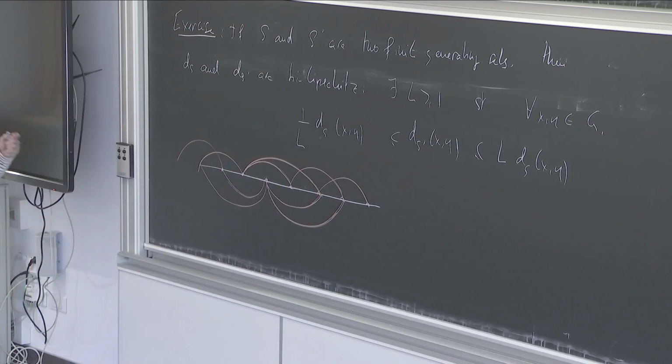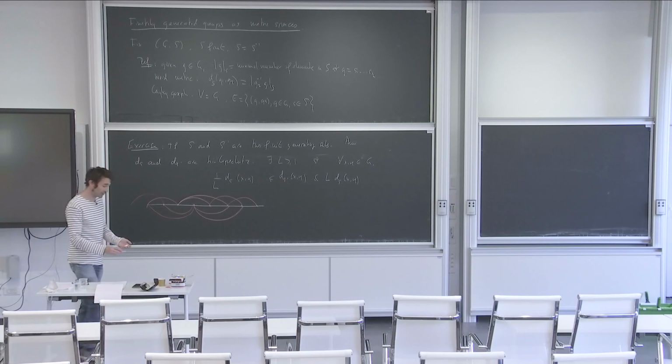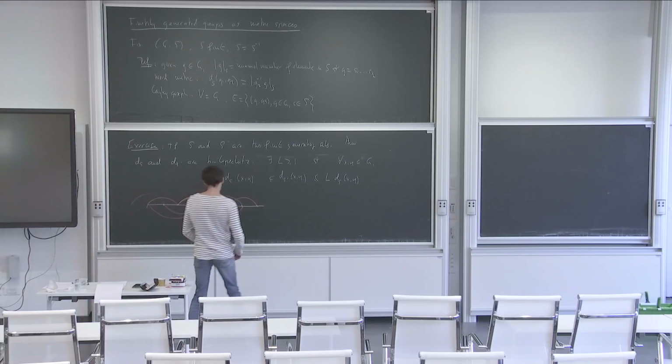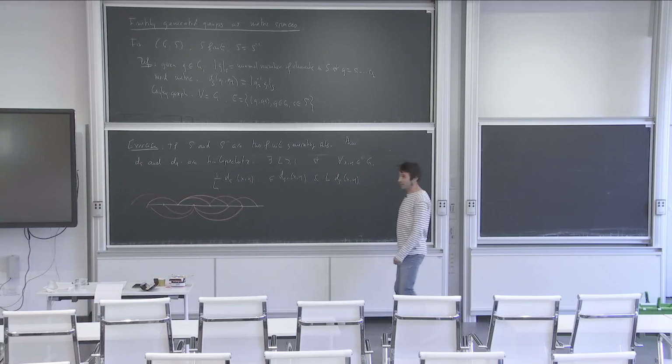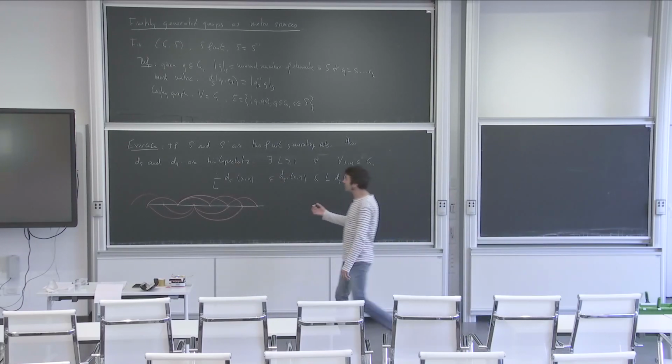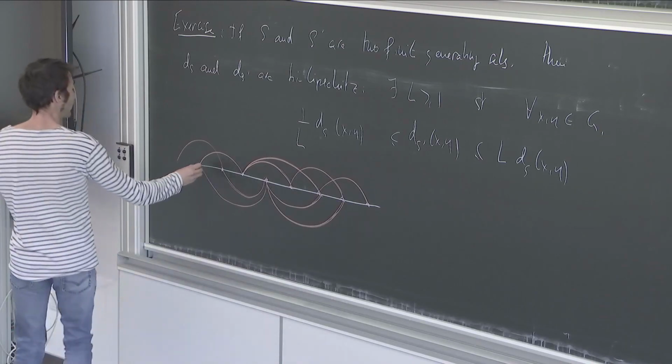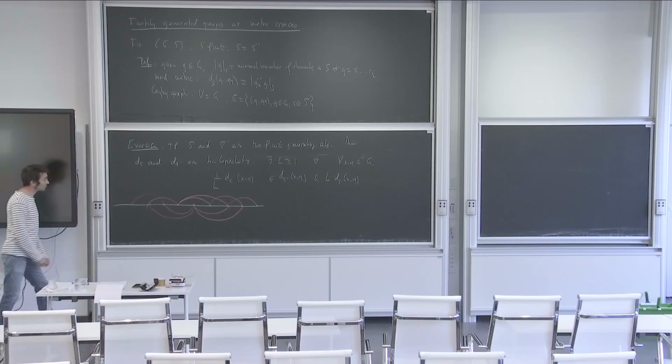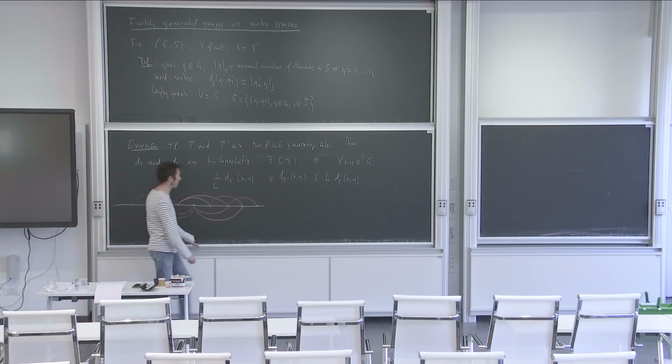So it seems that looking at a Cayley graph is not a canonical choice, and this can cause us some trouble if we really want to understand what's going on.